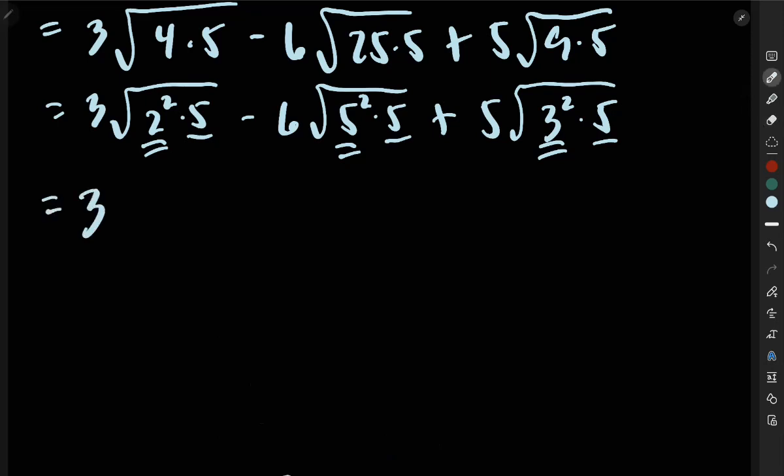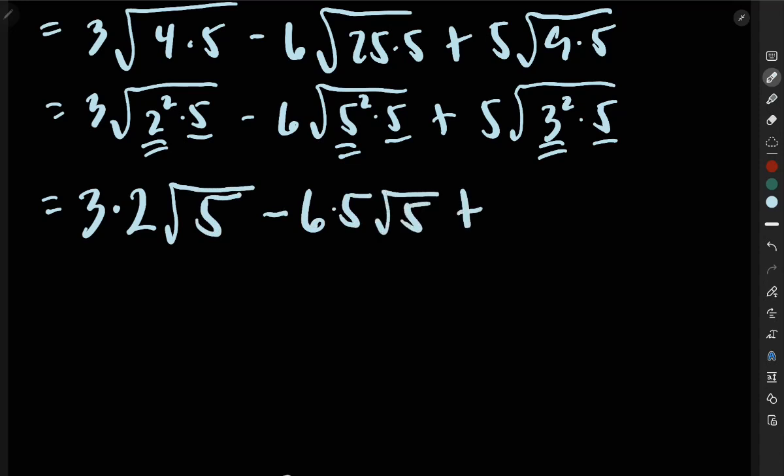So we're going to take it out. The exponent will be, since it's 2, 2 divided by 2 is 1. So it's 3 times 2 to the power of 1, or just simply 2. And then leave 5 inside. Minus 6 times, so square root of 5 squared, or just divide the exponent. 2 divided by 2 is 1, so it's 5 to the power of 1, square root of 5, plus 5 times, the same with the 3 squared, so you put out the 3, square root of 5.